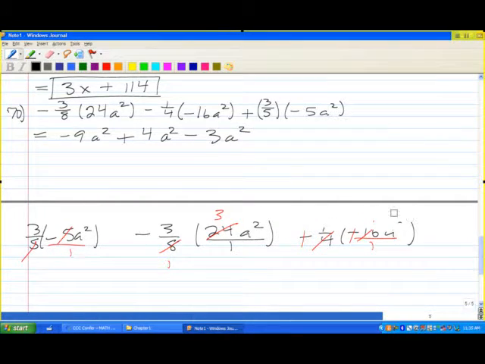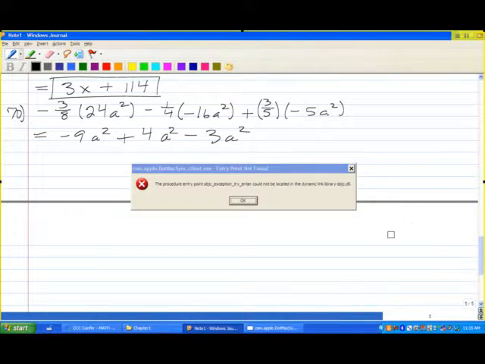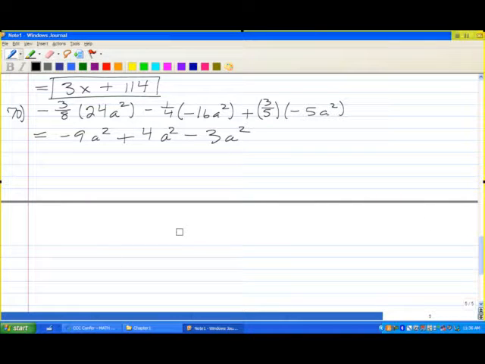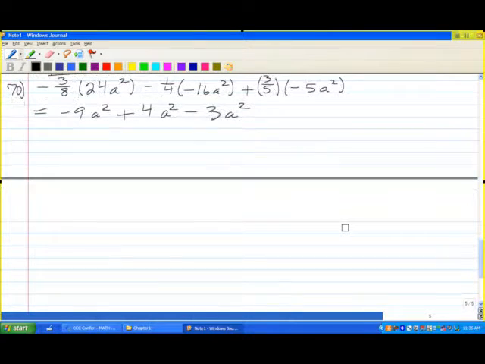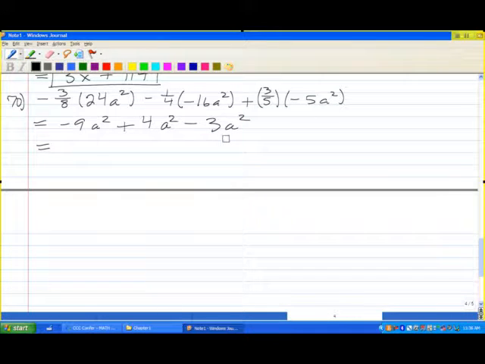Notice that the -9a squared, the positive 4a squared, and the -3a squared are all like terms. They're all terms with a variable part of a squared. And so let's combine. 4a squared minus 3a squared is 1a squared, minus 9a squared is -8a squared. Any questions about that?